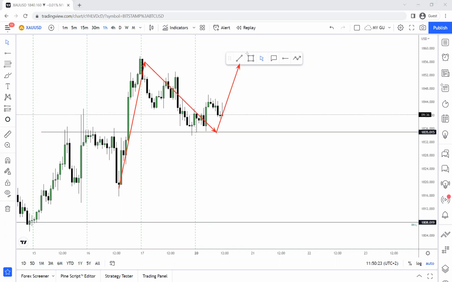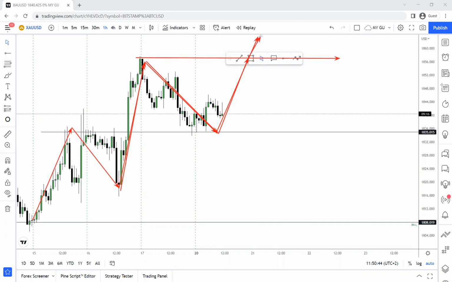Before you know it, we could get another impulse. All right. You can see impulse, correction, impulse. That's 3, 4. We could get another 5. Could get a 5 that ends here, or a 5 that gives us a stop loss hunt.